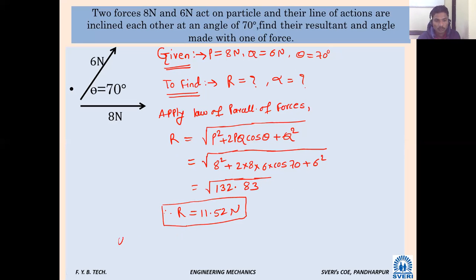Next, now we want to find alpha. Now tan alpha is equal to, we know the formula, very simple. Q sin theta divided by P plus Q cos theta.